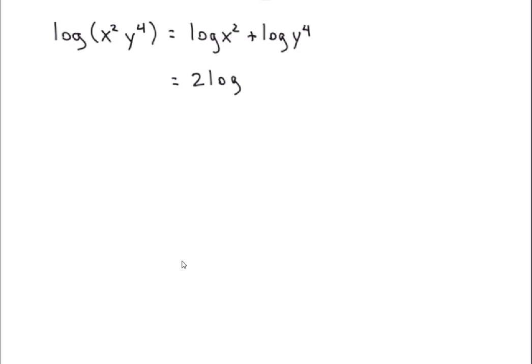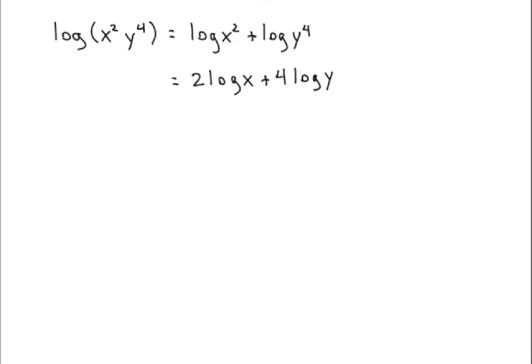So for example, if we have, say, log of x squared y to the 4th, first off, we can split this up into two separate logs. And then once we've done that, those exponents can come out and become coefficients. And we end up with this.